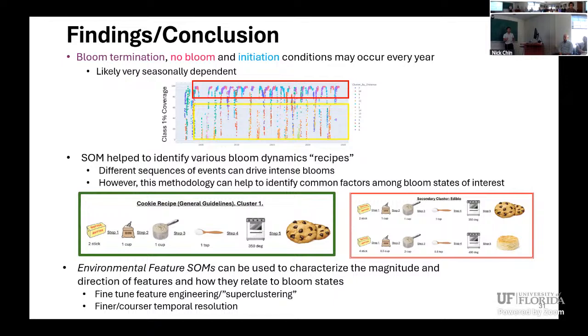So some of the things that we'll be doing going forward are fine-tuning the feature engineering and the superclustering of these aggregated SOMs, and creating these finer, coarser temporal resolutions, which you can actually change in your self-organizing map.